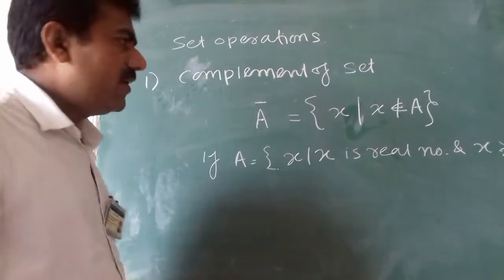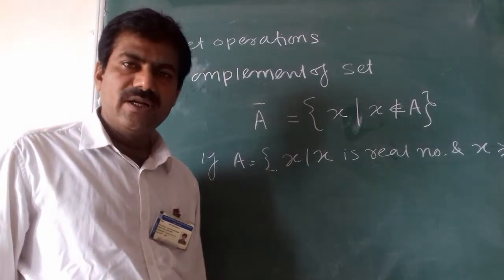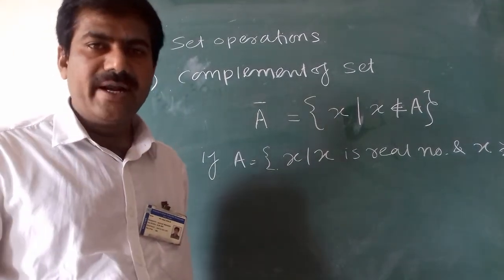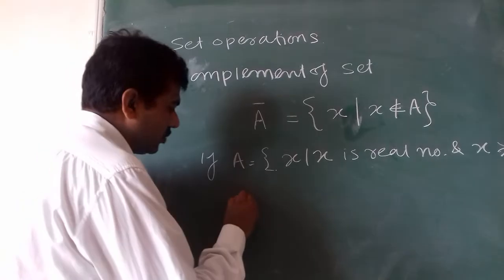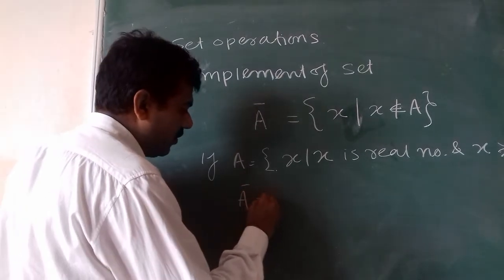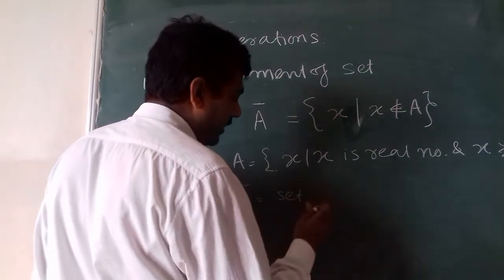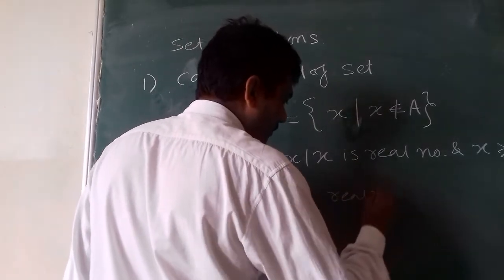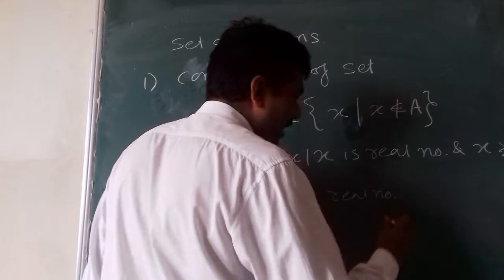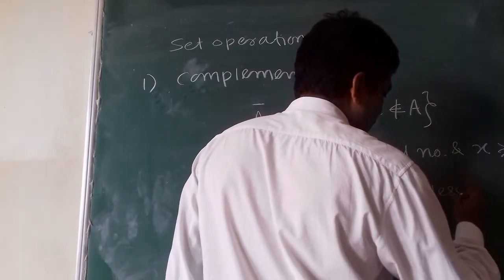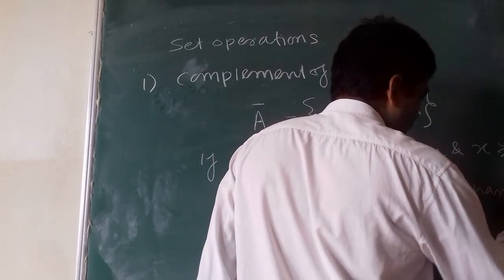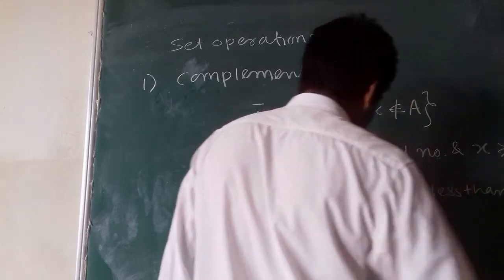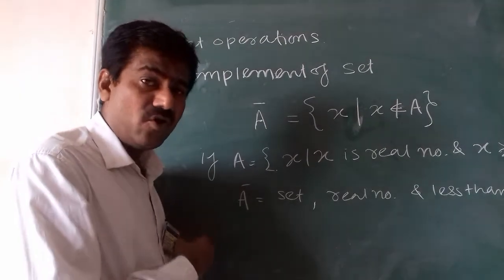So this set will contain the elements that are greater than or equal to 10. So A complement is what? A complement is a set which contains the elements which are real numbers and less than 10. Less than 10. That is the A complement.